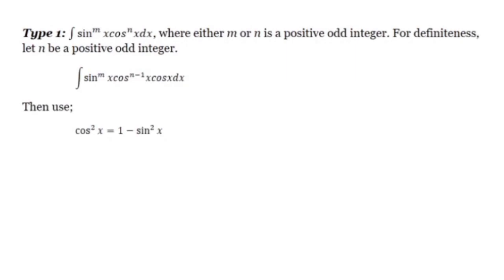Okay, so we have here the type 1. Sine of x raised to m cosine x raised to n dx. So this case is where either m or n is a positive odd integer. For definiteness, let n be the positive odd integer. Okay, so we have sine of x raised to m. Aalisin natin yung isang cosine, and that would be cosine raised to n minus 1.